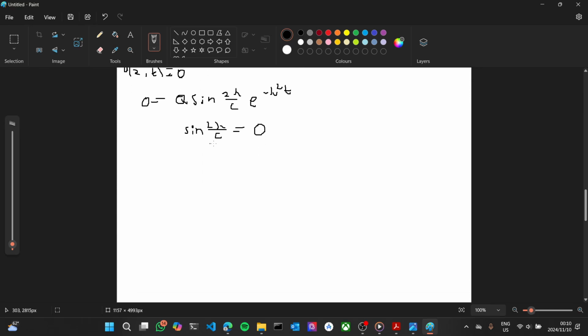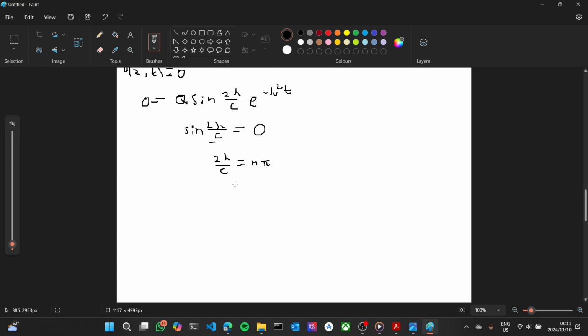Now our interest is going to lie in this here, which is our angle for this trigonometric function 2 lambda over c, which can be seen as n pi, because when evaluating trigonometric functions in radians, all of the angles you input are just factors of pi, and this n here just represents the scaling value for pi.